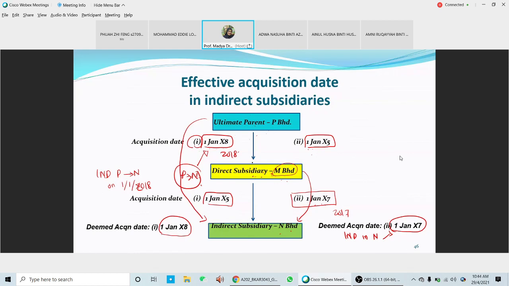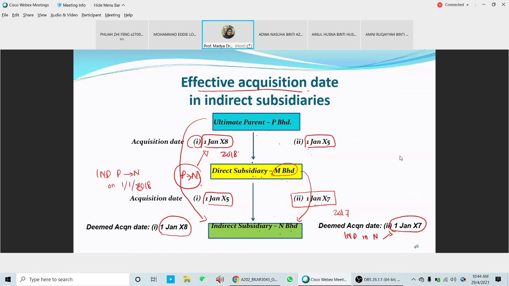So you can understand from this one as compared to the statements given there. This is what we want to determine, when is the effective acquisition date. So it depends. For this one, the parent acquires the direct subsidiary later, then the subsidiary has the indirect subsidiary. But in this one, the parent acquired the subsidiary, and during that time there is no indirect subsidiary.